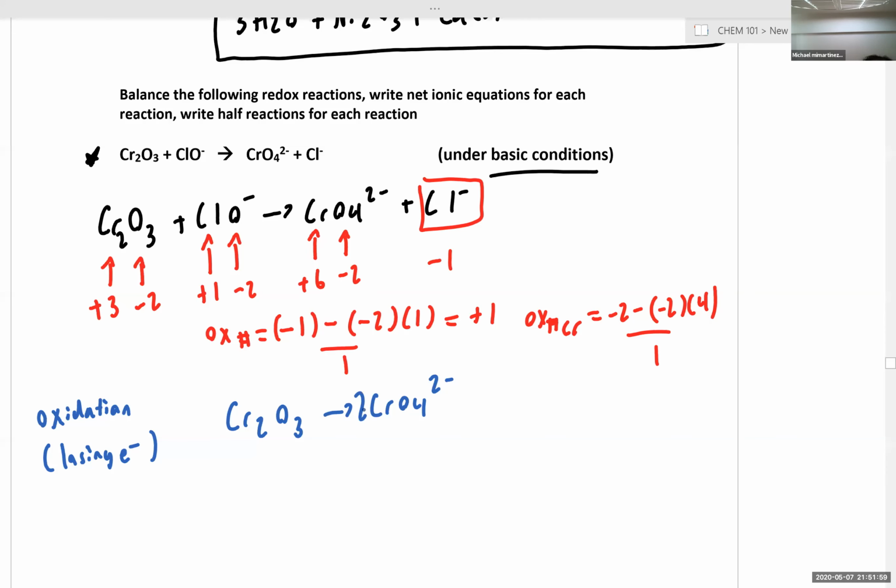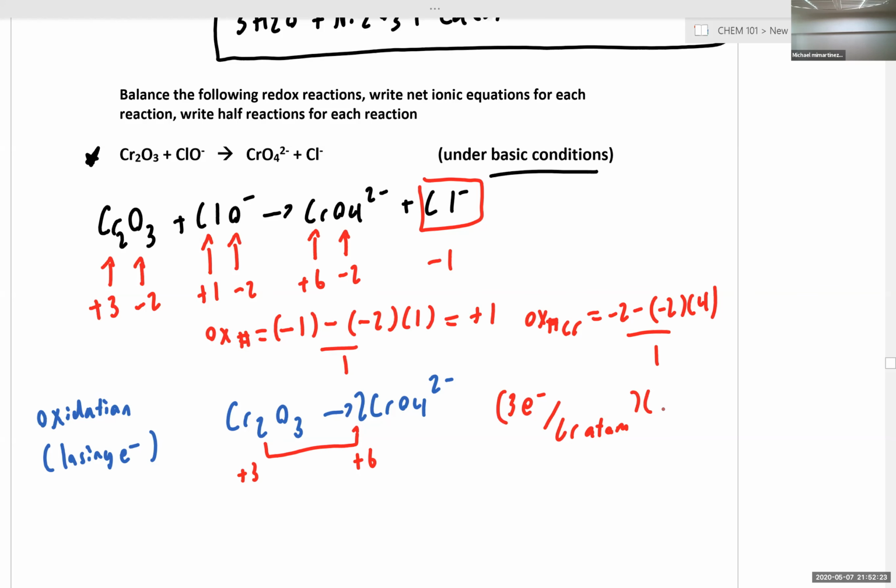2. Yep. Perfect. Okay. Now, looking at our electron balancing, how many electrons do we lose for chromium when we go from +3 to +6? How many electrons do we lose per chromium atom? 3.